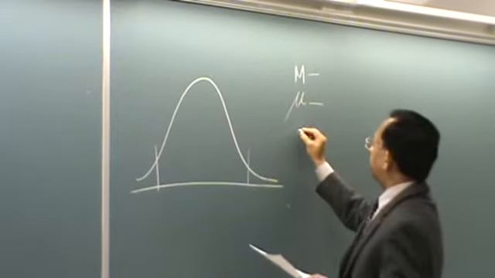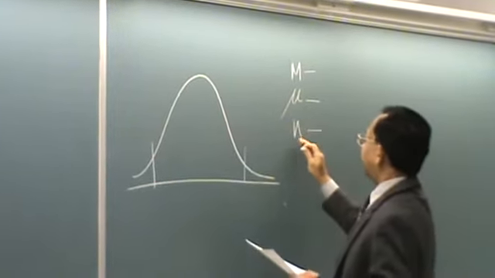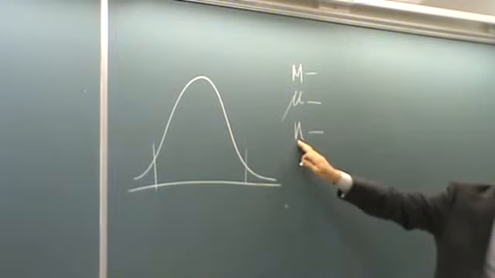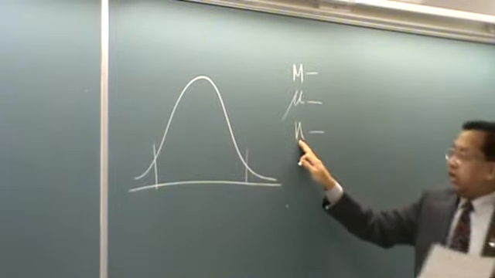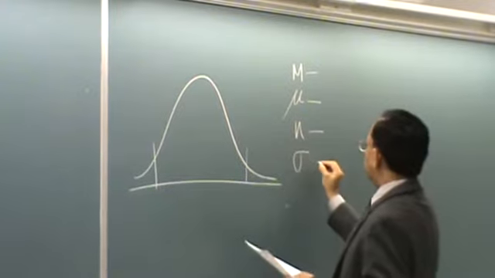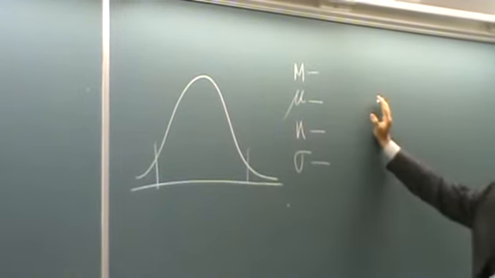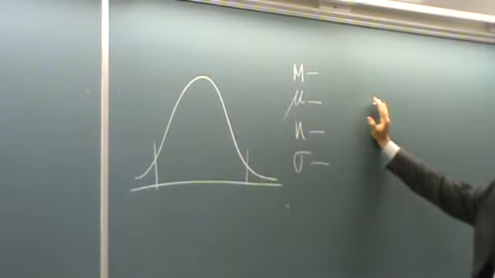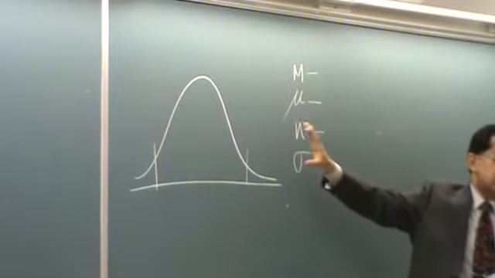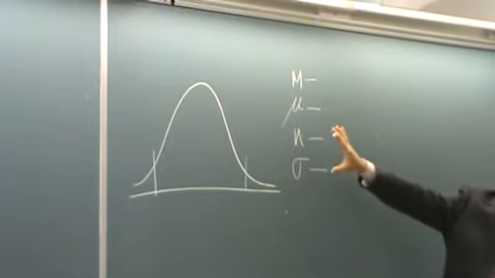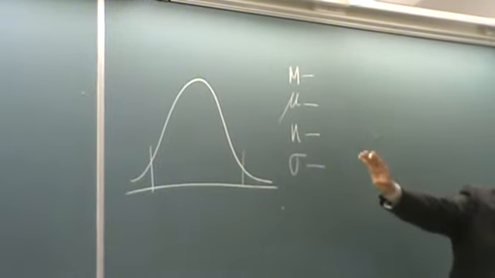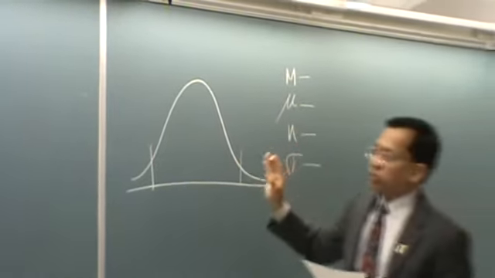You will always be given n, lowercase n, that means the size of the sample, and you will always be given the standard deviation from this population or the sample. This information you will always be given, and you will utilize these to calculate your z-score.